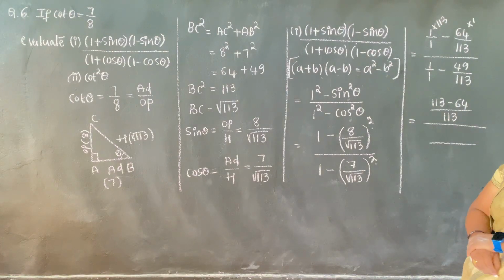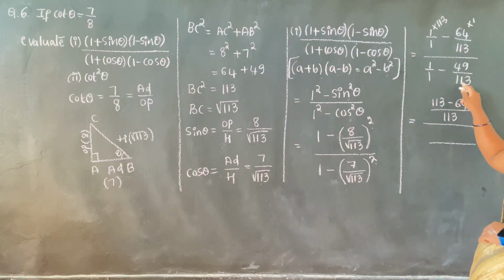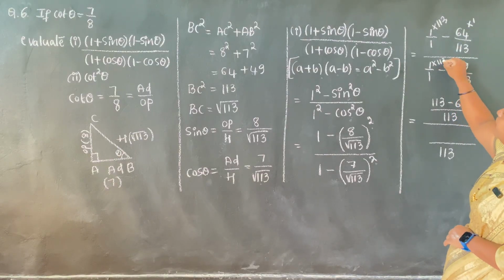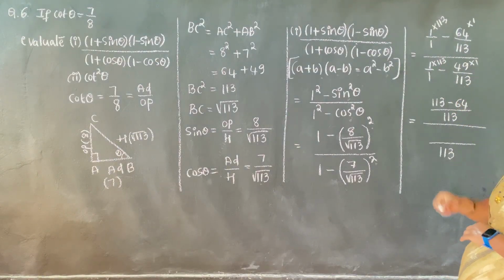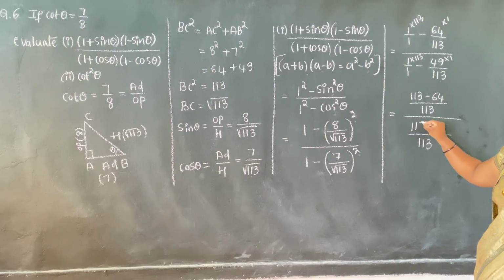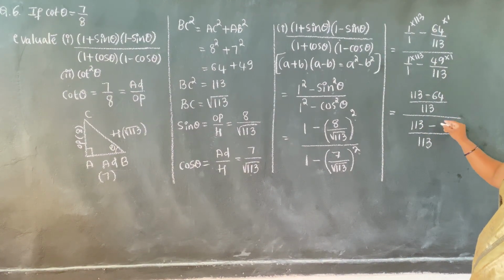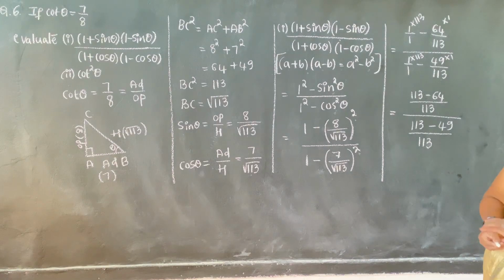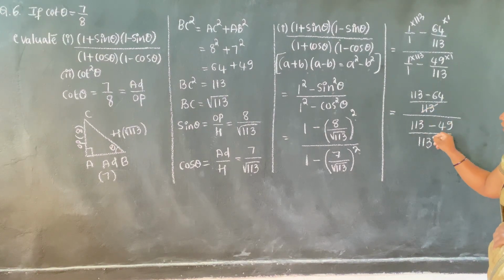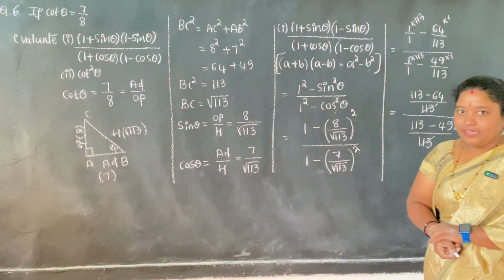Go to the denominator. Denominator LCM is how much? 1 and 113 is there. LCM would give me 113. Again here I'll be writing 113, 113 ones are. So I'll be having 1 into 113, 113, 49 into 1, 49. Now see here, same denominators will get cancelled with each other.